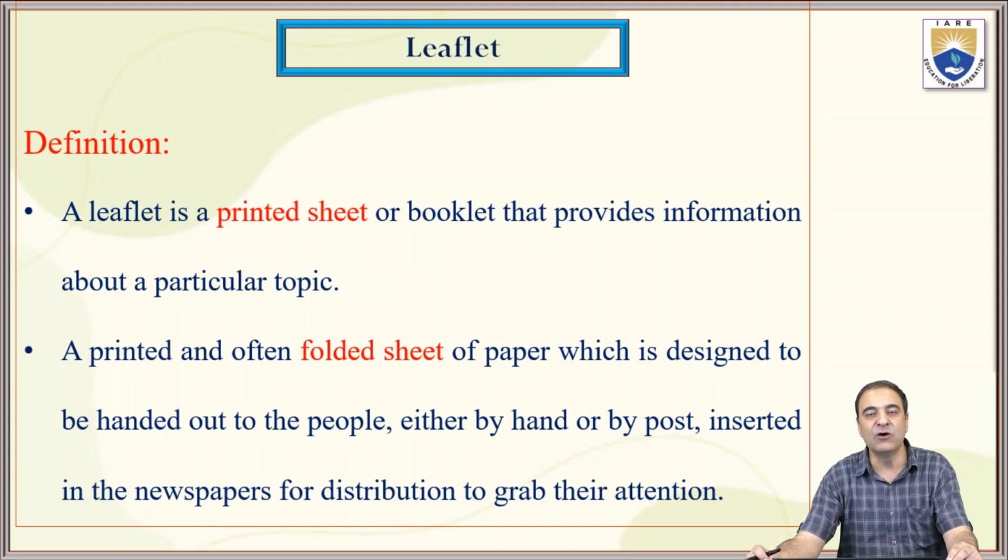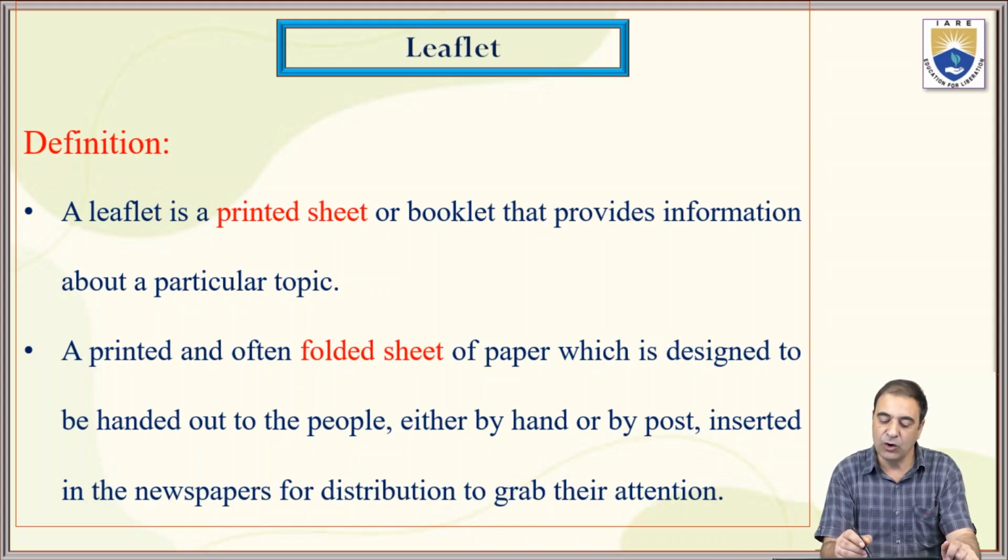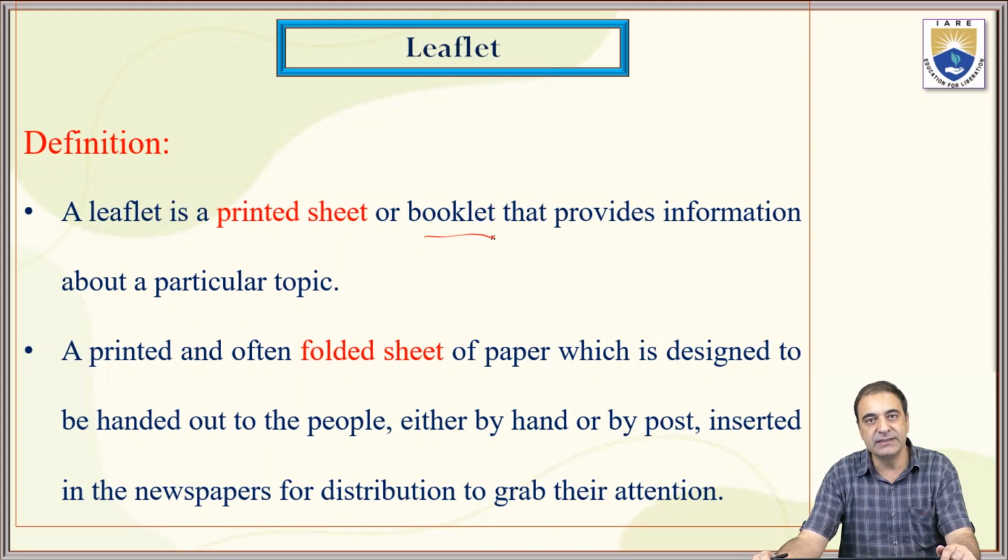The first and foremost thing is that a leaflet is a printed sheet, or it can be a booklet, and its primary purpose is to inform. Its primary purpose is to provide information about a particular topic or about a particular situation.